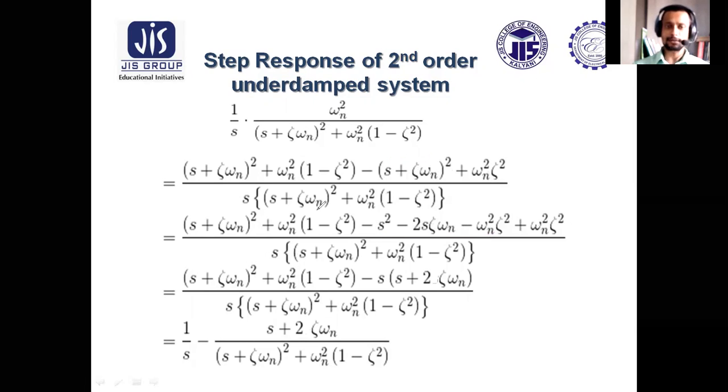Now the denominator part remains the same. So s plus zeta omega n whole square plus omega n square 1 minus zeta square. So this part is kept the same. Minus, see here, we have taken s common from this. So s plus 2 zeta omega n will be there. This 2 will be cancelled. So from this line you can write this one.